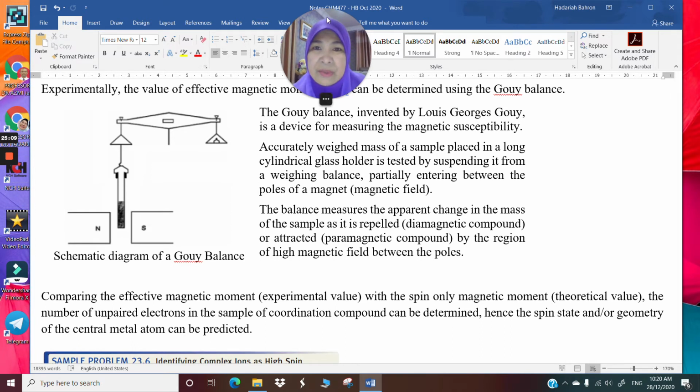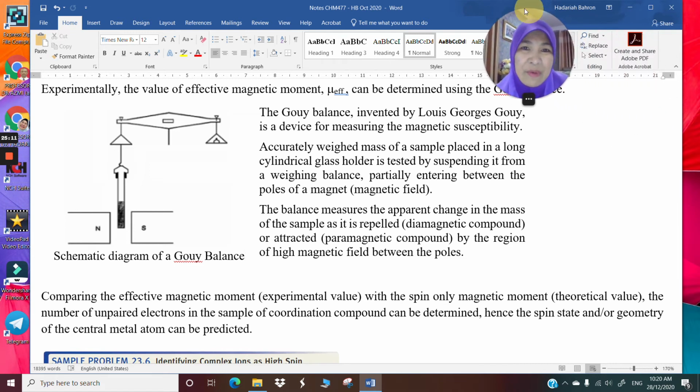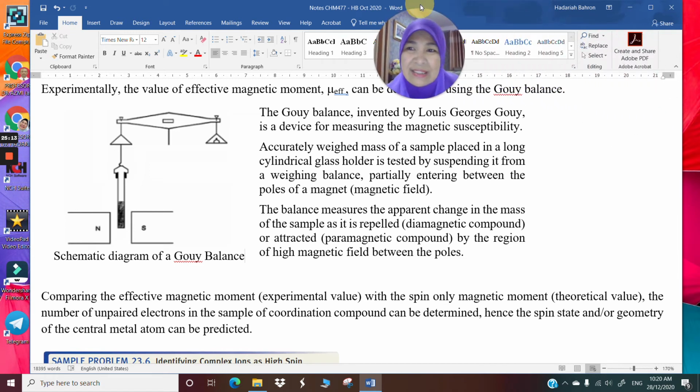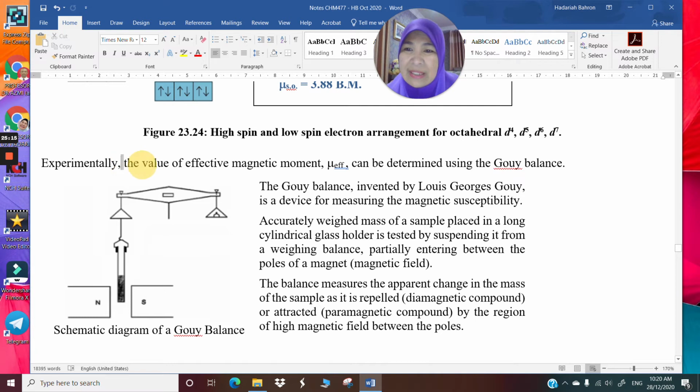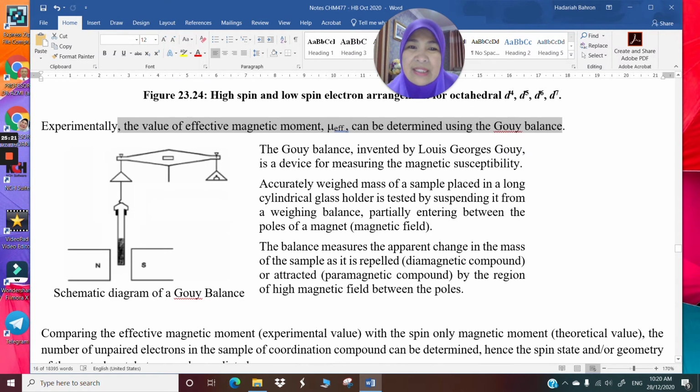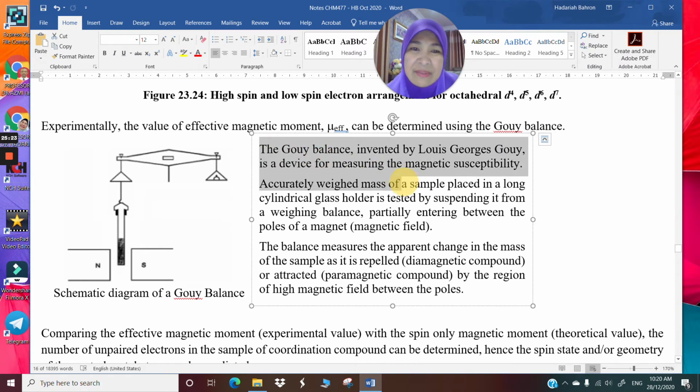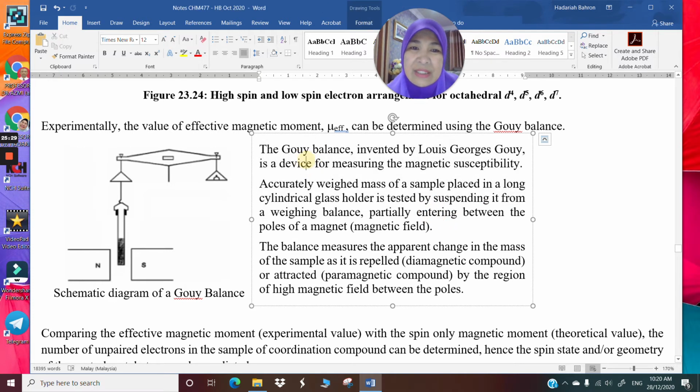Gouy is the name of a scientist. Experimentally, the value of effective magnetic moment can be determined using the Gouy balance. The Gouy balance was invented by Louis Georges Gouy. It is a device to measure magnetic susceptibility.